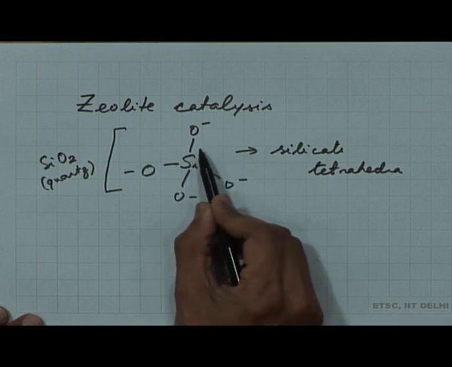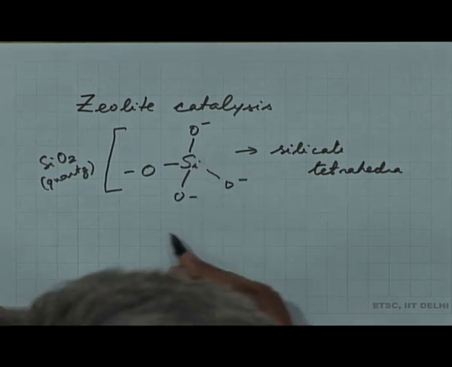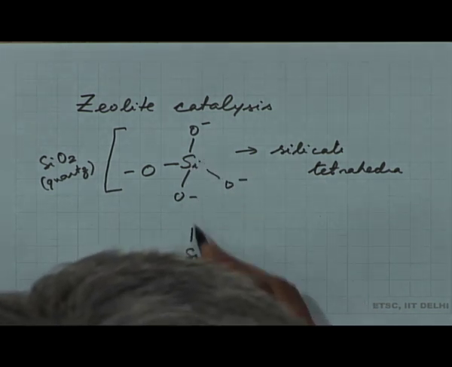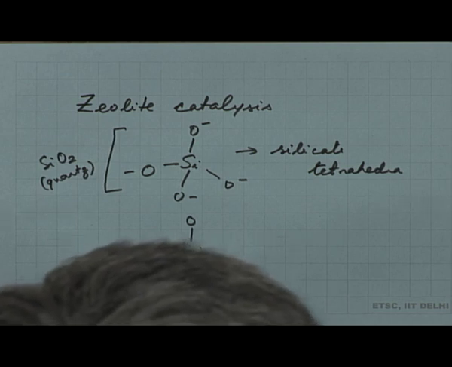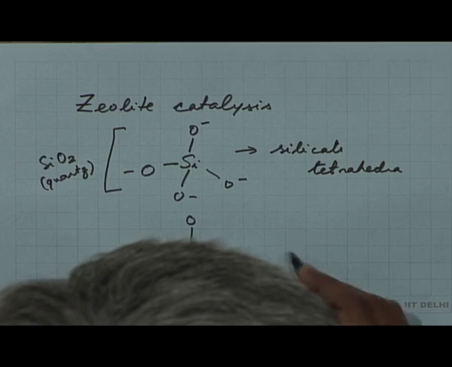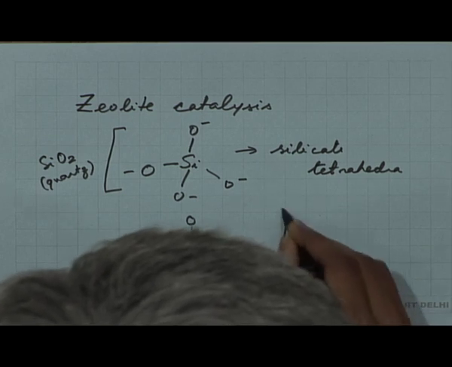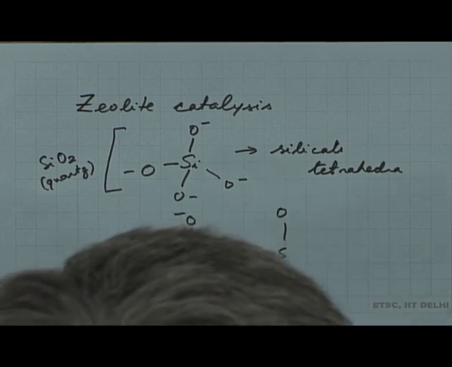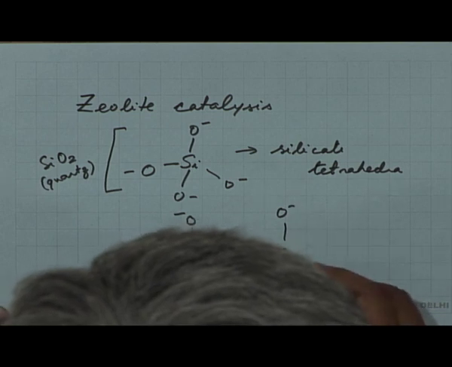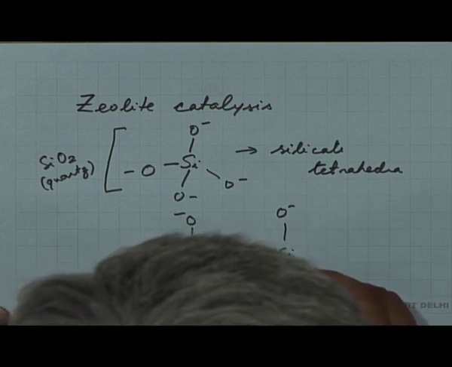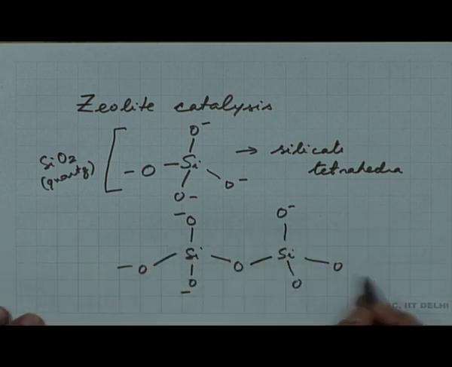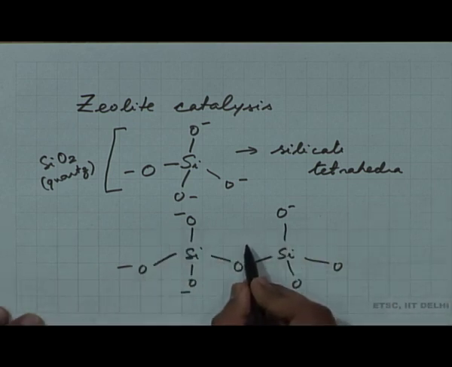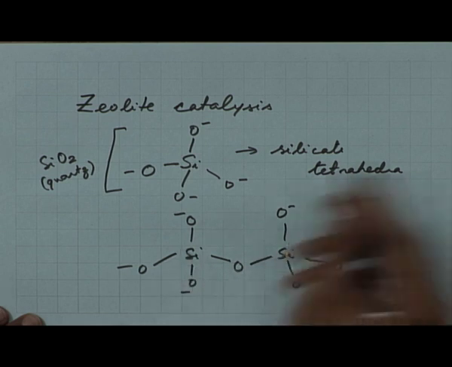So, if you do this, you extend this. So, you take one of these, I will give you an example. And I could go on. Right. So, this can go on. So, this is a silicate that you have got Si2O7.